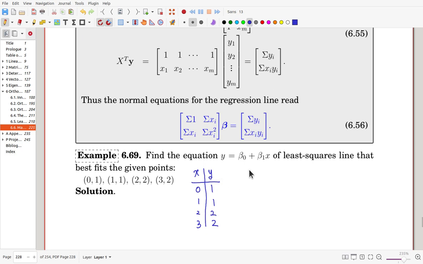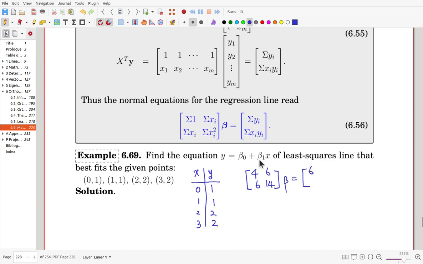Okay, for the matrix, m is 4. And then summation of xi, which is 6. Now xi squared, 1, 4, 9, so that's 14, right? And the right side is a summation of yi, that is 6, right?